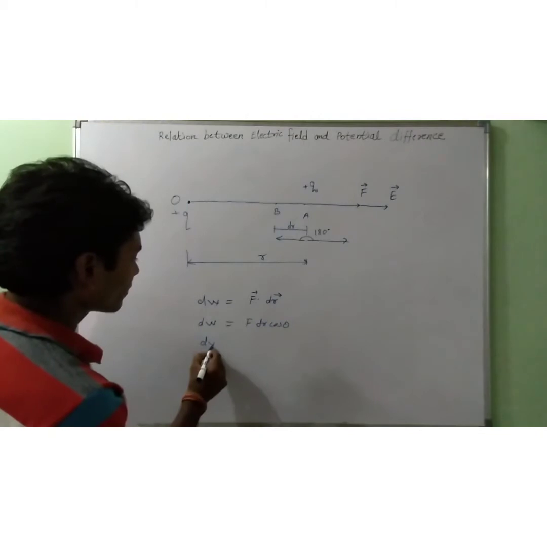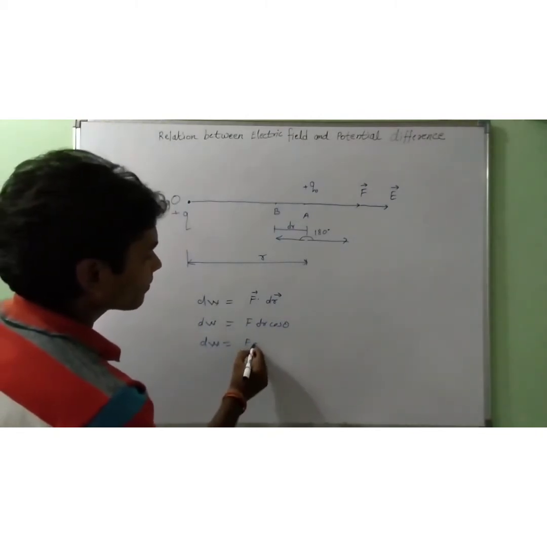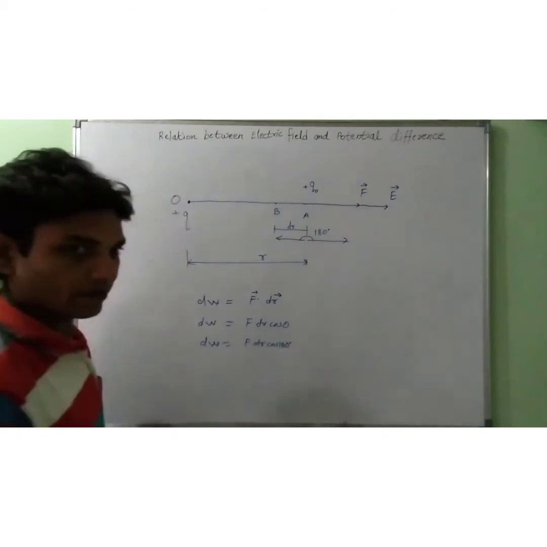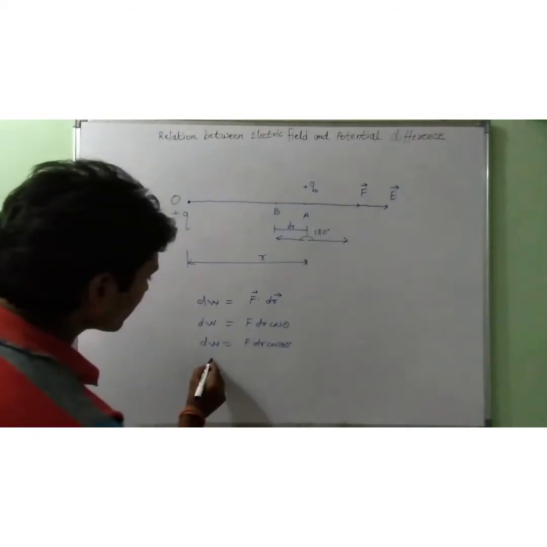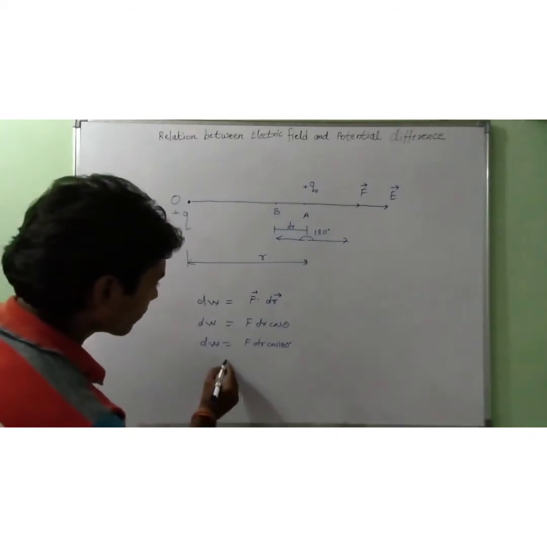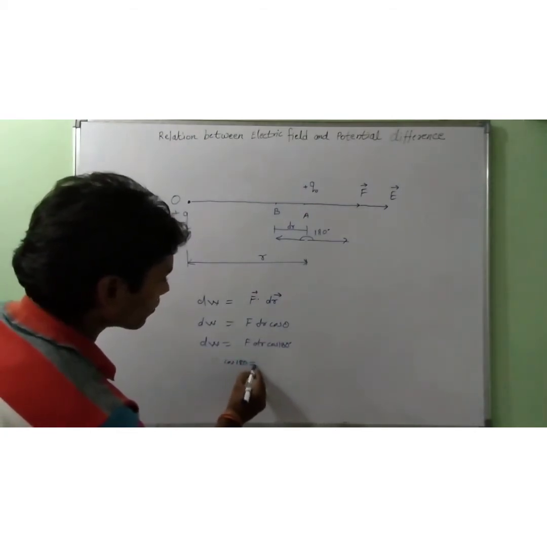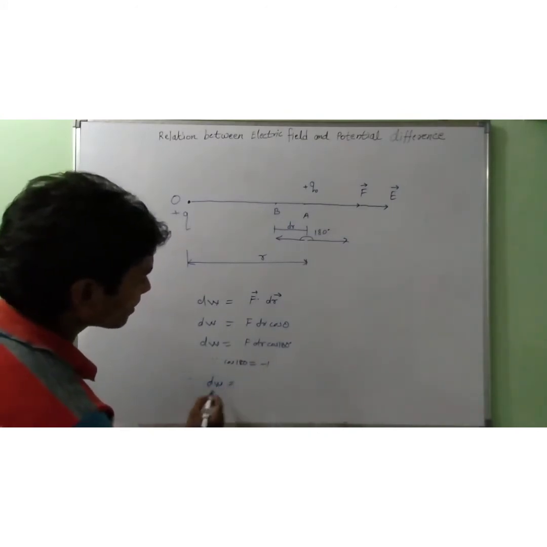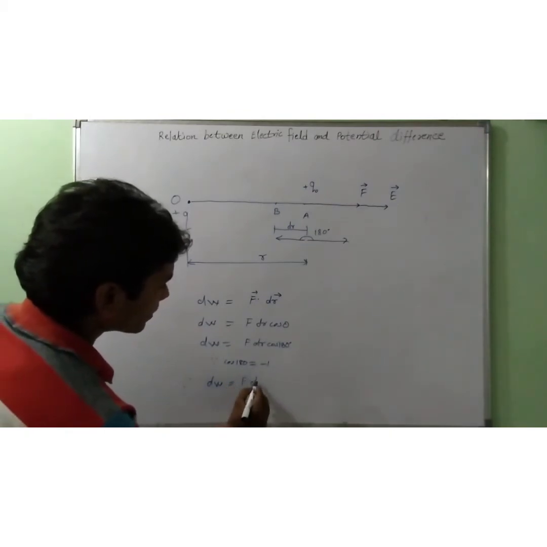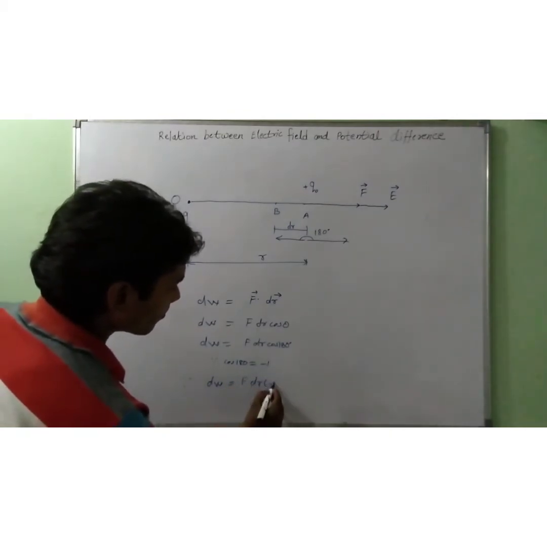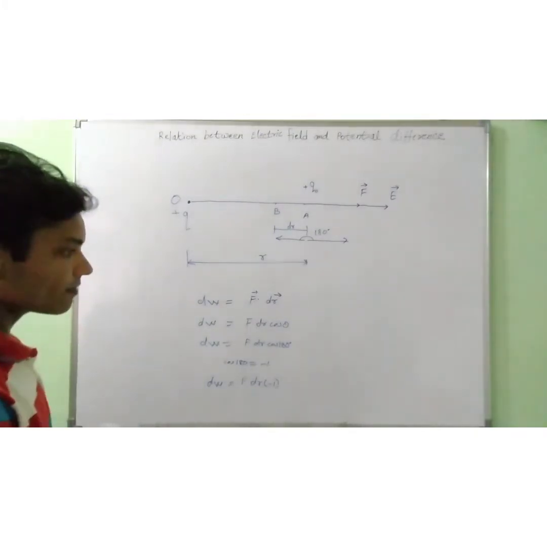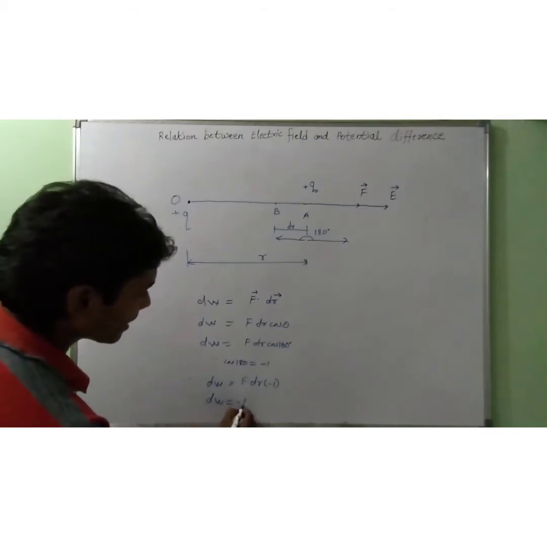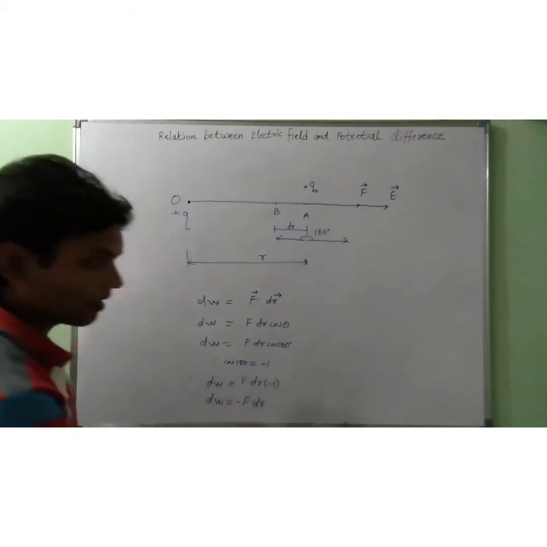So the work done will be dW equal F dr cos 180 degrees. Since cos 180 degrees equal minus 1, therefore dW will be equal to F dr into minus 1, or dW will be equal to minus F into dr.